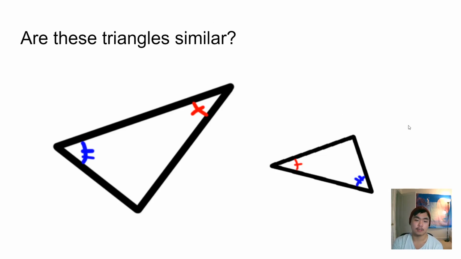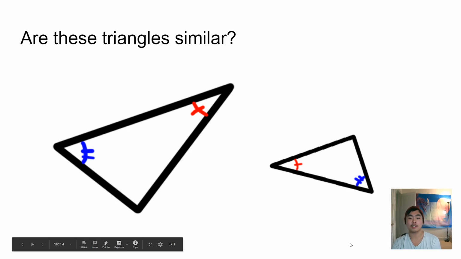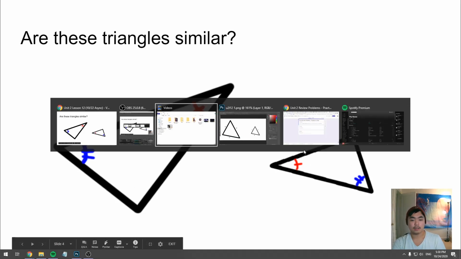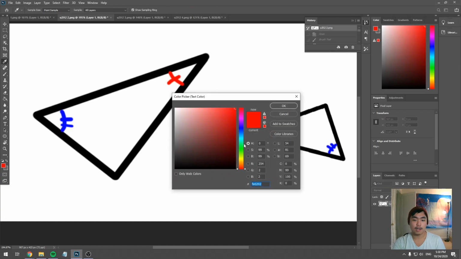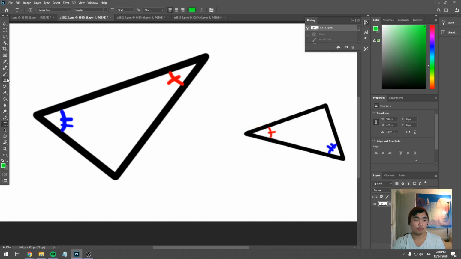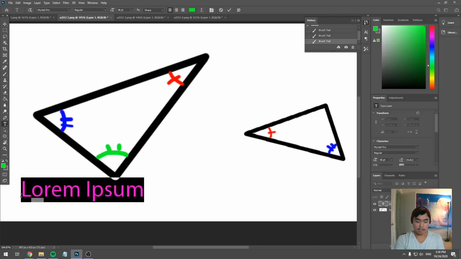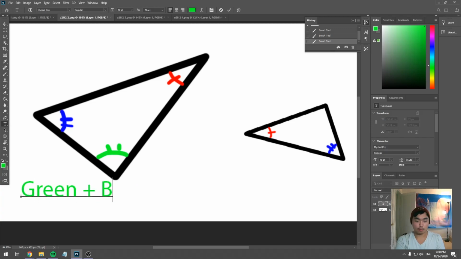What about this one? So we're told two angles are the same, right? We got the red angle pair and the blue angle pair. Those are congruent angles. Now, can we tell that these are similar? Well, it doesn't look like we know what the third angle is, right? But we can actually figure out what these are. So remember, triangle angles add up to 180. So this green angle, the third angle, should add up to 180 when you add it with the other two.